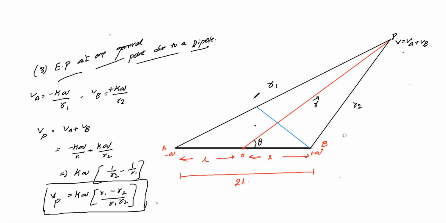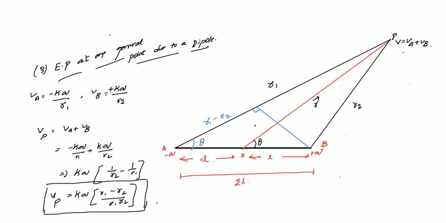This is your perpendicular line, and we know that whatever angle theta it makes here, because of the parallel lines, it is also the same angle here. So this perpendicular line is similar to your R2, and I'll take this distance as R1 minus R2.